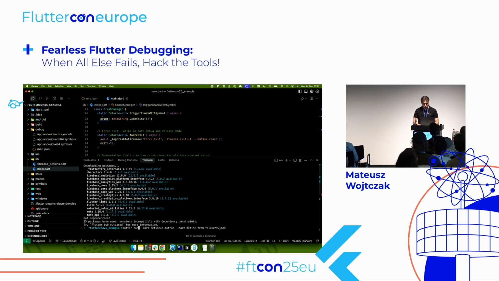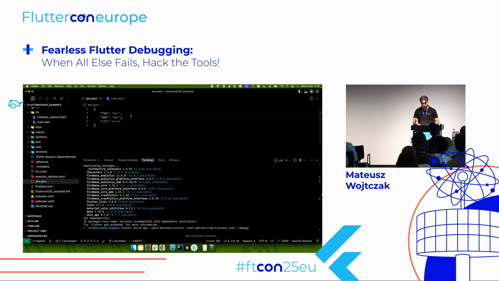For example, I have a Dart define from CLI, which is CLI equals true, and also from env.json. env.json has two Dart defines and also CLI set to false. And I don't know which is superseded by which one. Actually, I don't know what happens, and I want to see all the Dart defines printed.